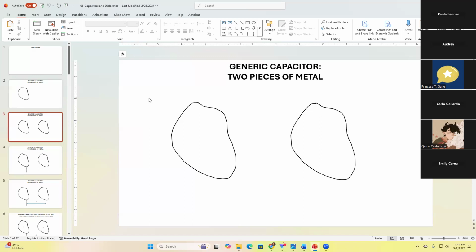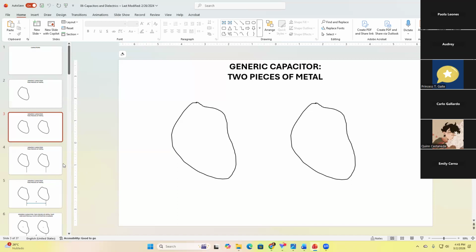Okay? So here you go. At this very moment, what you see right in here is a capacitor that is uncharged. Two separate lumps of metal next to each other. Because this capacitor is uncharged, you cannot do any work with it whatsoever. You cannot do anything useful with it whatsoever. But it's still a useful device if you end up charging it.